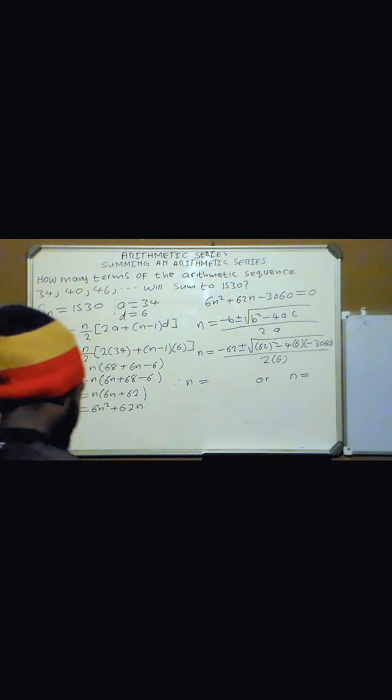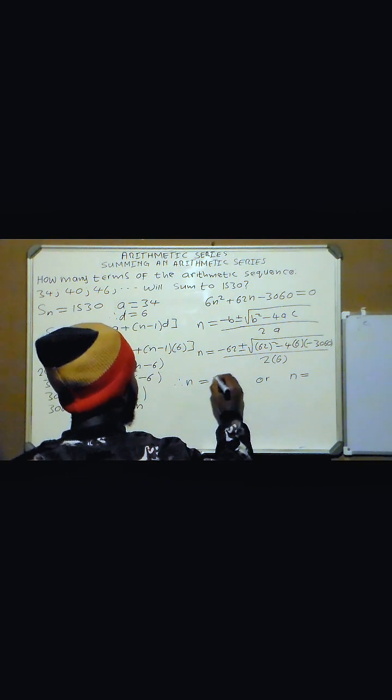So let's put this into the calculator. So we have negative 62 plus the square root of 62 squared minus 4 multiplied by 6 multiplied by negative 3060, divided by 2 multiplied by 6. This will give me n equals 18.